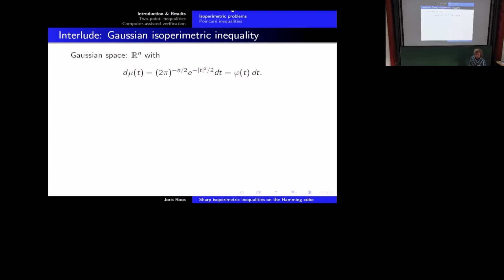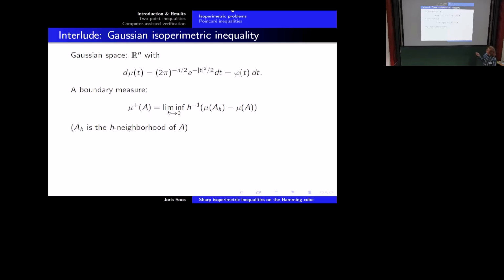So I want to tell you a little bit about the Gaussian space. So let's say R^n with a special measure, and this is your familiar Gaussian distribution function, and if we take this as a measure, we can compute a boundary measure. This is also a familiar formula that we all know.